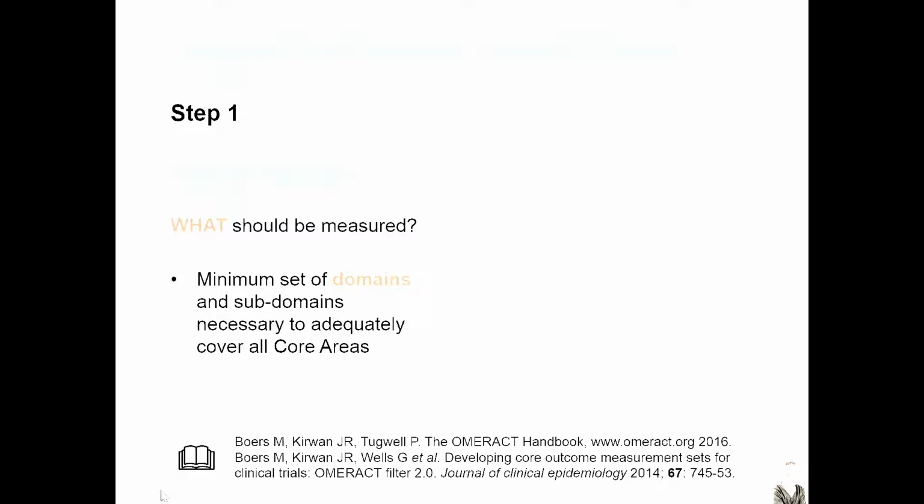A core domain set can be defined as a minimum set of domains and subdomains necessary to adequately cover all core areas. These are core areas of health, and I will explain this a little bit more in a minute.